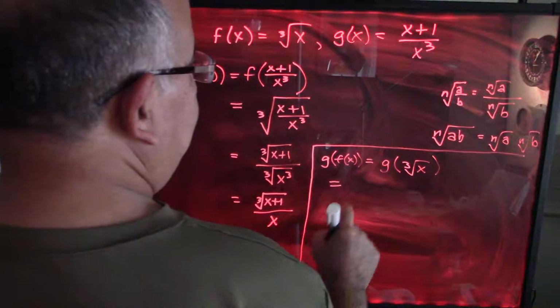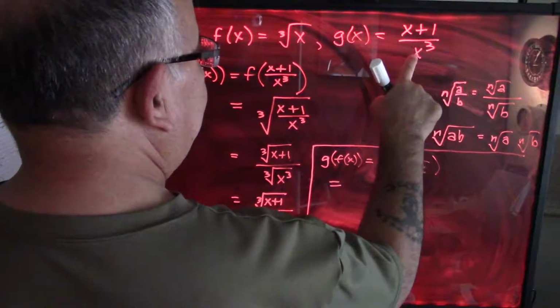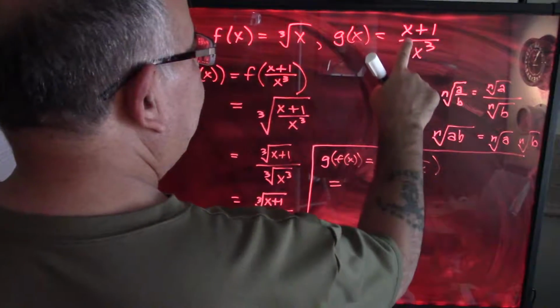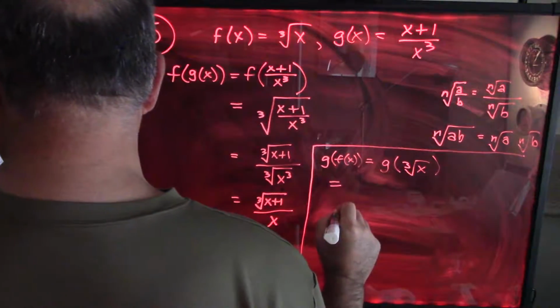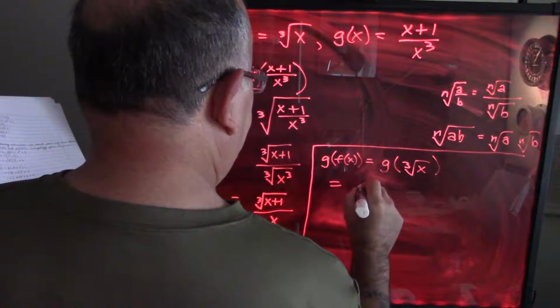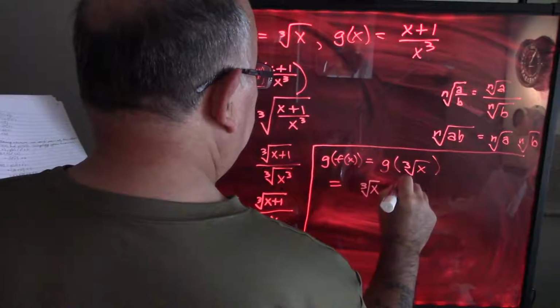So you plug the cube root of x into g, and you've got the cube root of x plus 1.